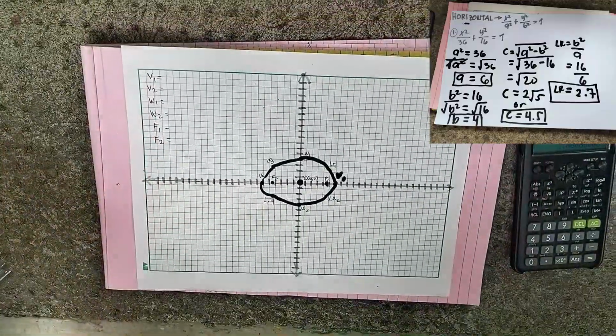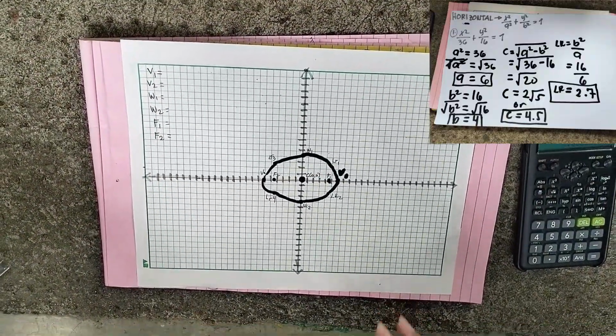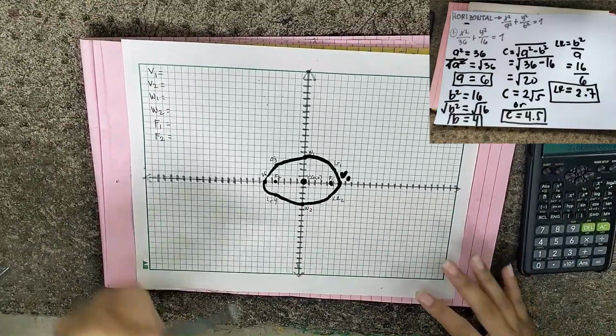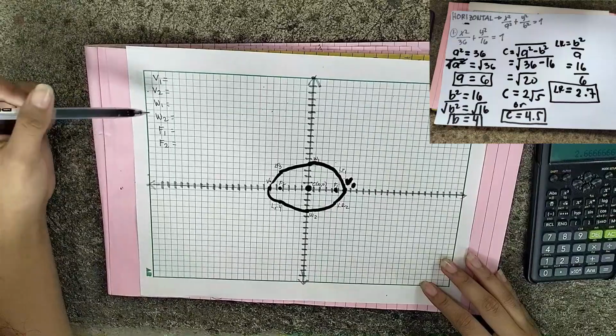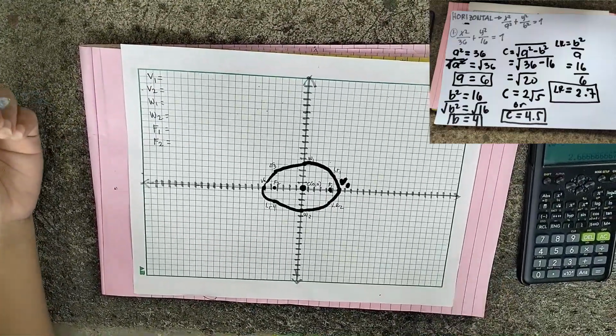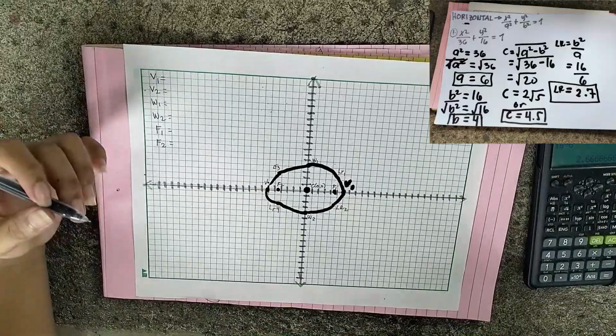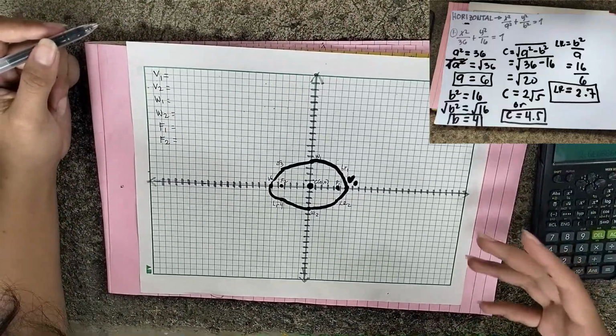So now that we have plotted all the points and connected all the dots, we have to figure out the values of our vertices 1 and 2, co-vertices 1 and 2, the foci 1 and 2, and the LRs, as well as our center, which we already know is 0, 0. Now, V1.